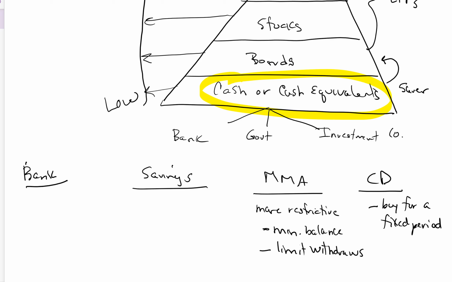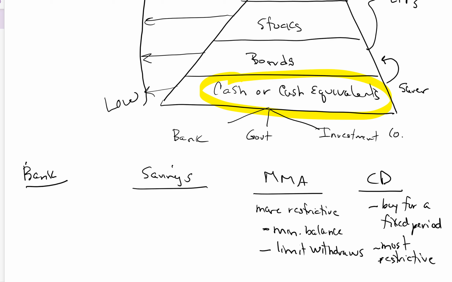And then after the 1 year is up, they're going to give me my money back. So this is the most restrictive cash equivalent from a bank. Because if you take that money out within the year, you pay a penalty and you forfeit all the interest. So it's more restrictive than a money market account.